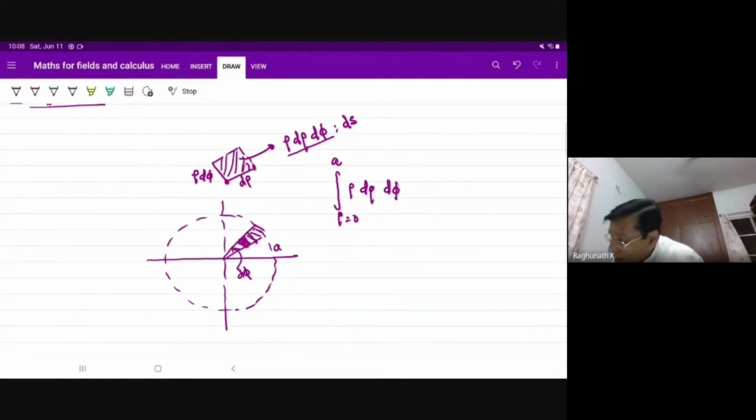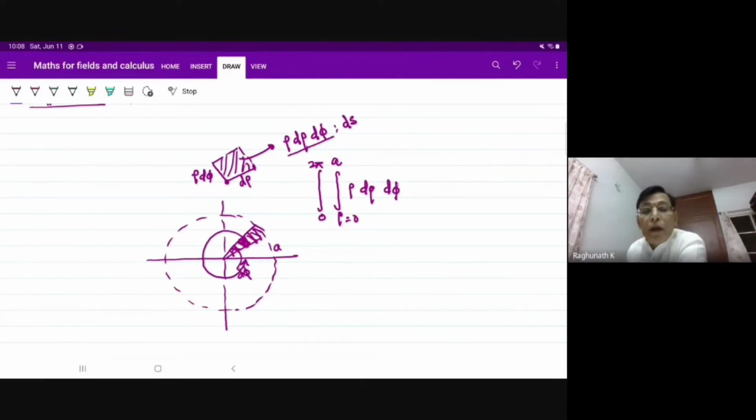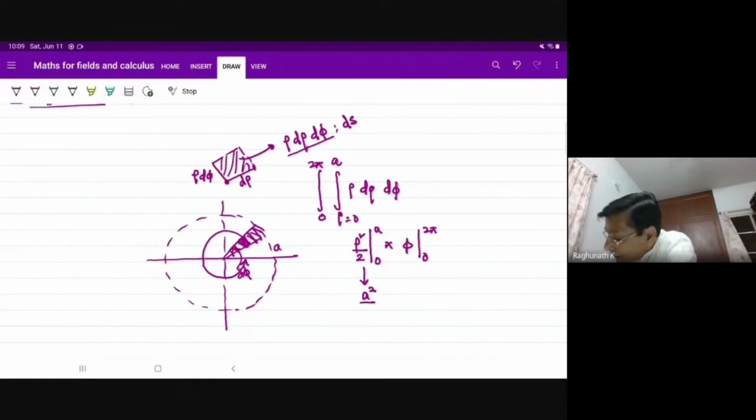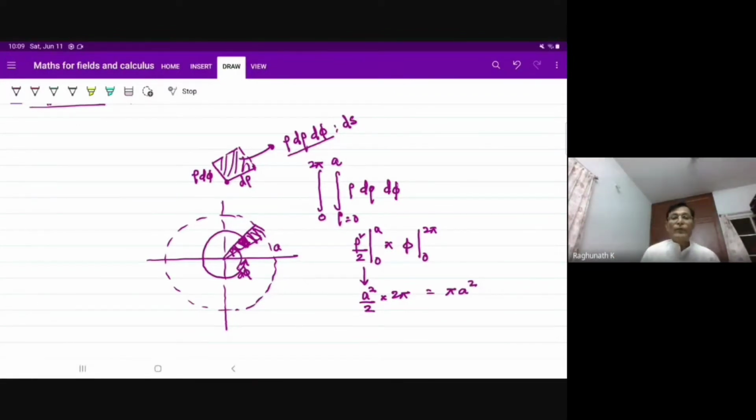As rho increases, this size also will increase. Such things have to be taken from 0 to 2 pi. Integral 0 to 2 pi, and rho d rho is rho squared by 2 from 0 to A, times d phi. What is this? A squared by 2 into 2 pi is pi A squared. Check it.